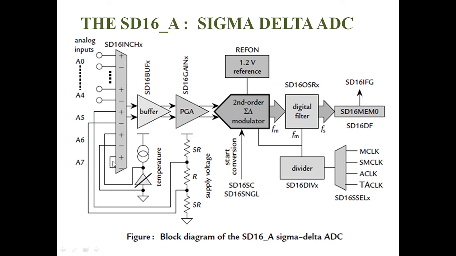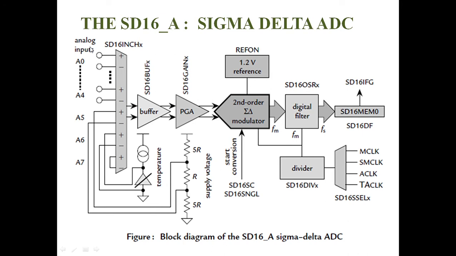Next, that is giving to the buffer, that is a Sigma Delta 16-bit buffer. Next, that is giving to the programmable gain controller. So based on the programmable gain, we can select the accurate output digital value, that is giving to the second order Sigma Delta modulator.